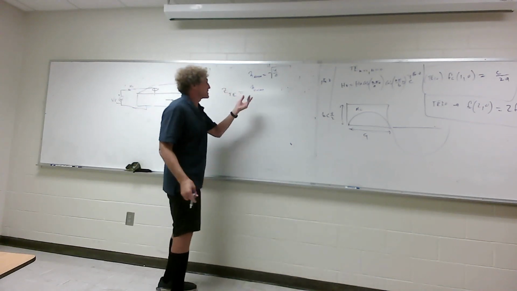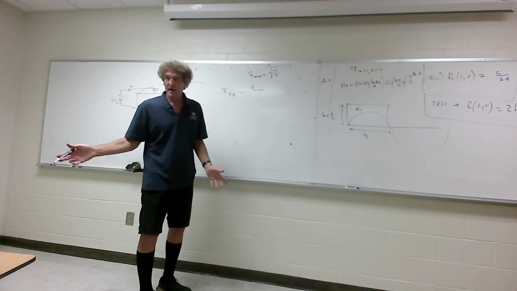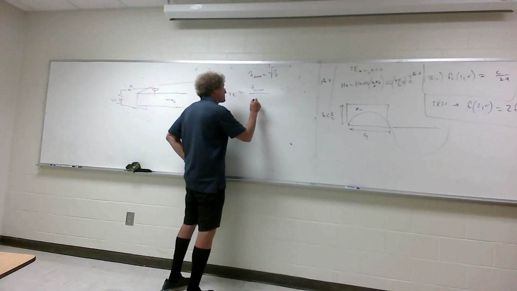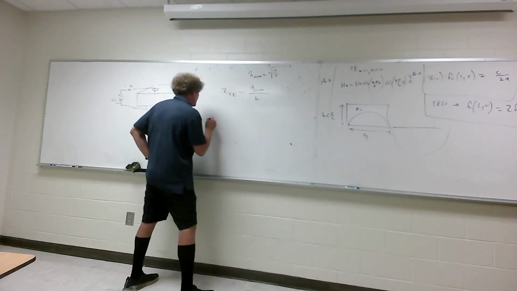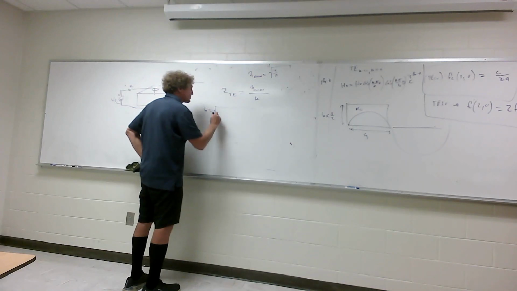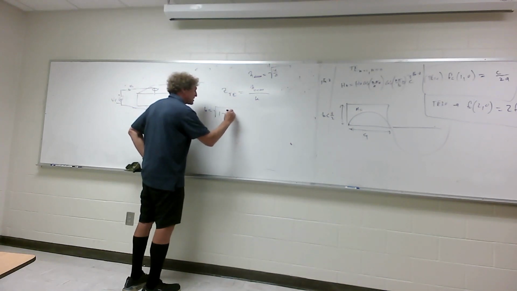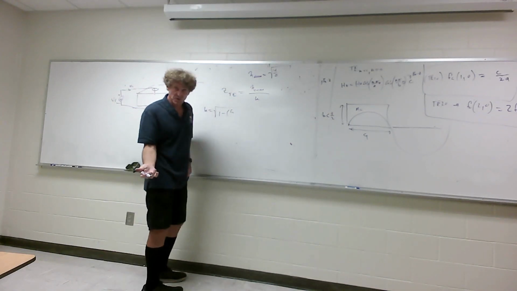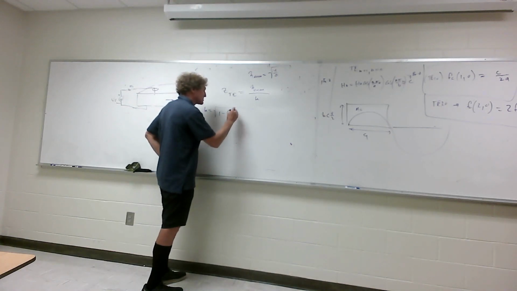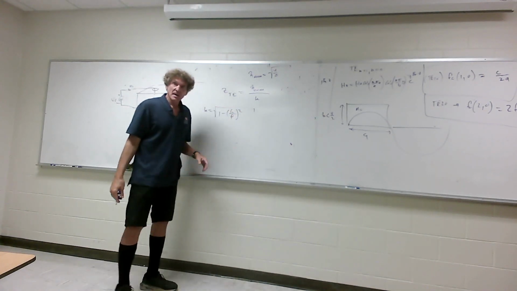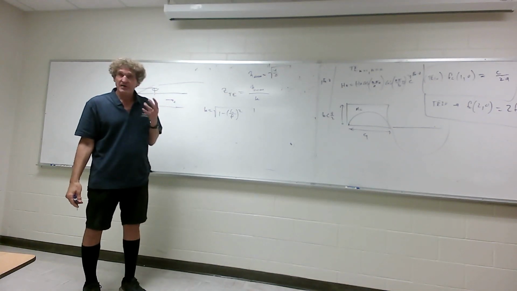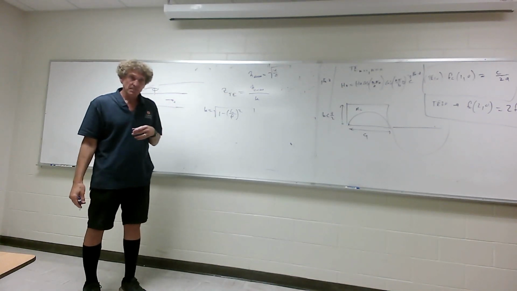So this, if it was free space, would be 120 pi, if it was air, right? And it's going to be divided by K. Now remember that magic number K is equal to what? The square root of 1 minus the cutoff frequency of the mode you're talking about divided by the actual operational frequency, squared. And for the mode to work or be developed, F has to be greater than the cutoff frequency, right?